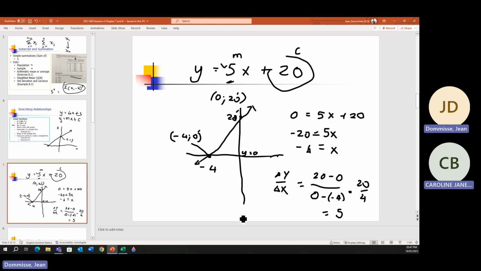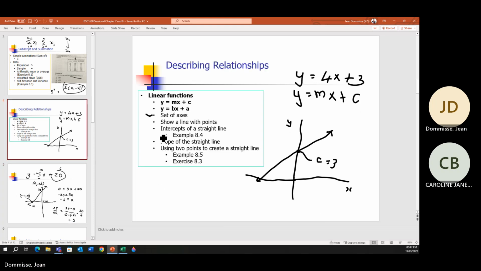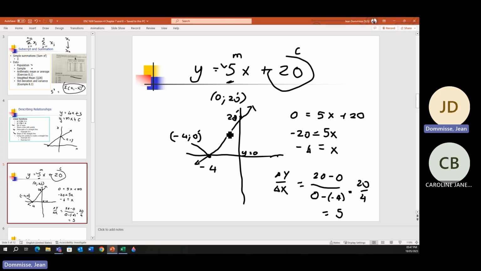Okay, so with the straight lines, it's the same thing that you do every time, how to do it. Okay, so that is nearly the straight line and the slope, and we had also looked at the 2 points. So we nearly covered that all in this.